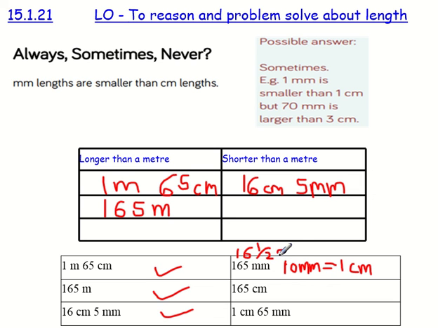So is that smaller than 100 or bigger than 100? It's smaller, so we're going to put 165 millimetres into shorter than a metre. We know that is because we've just worked that out. So we can tick that one.